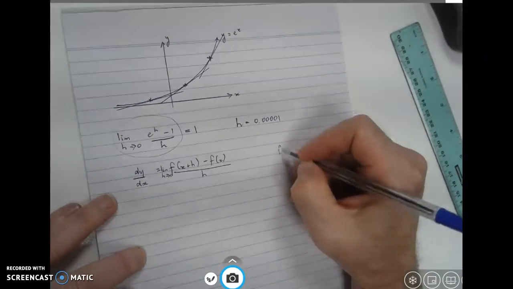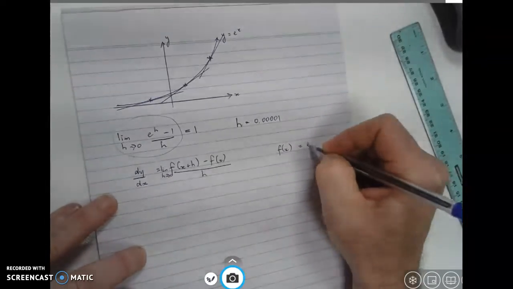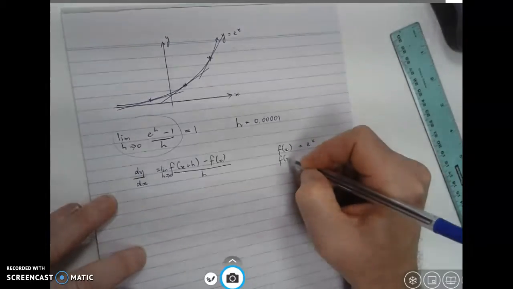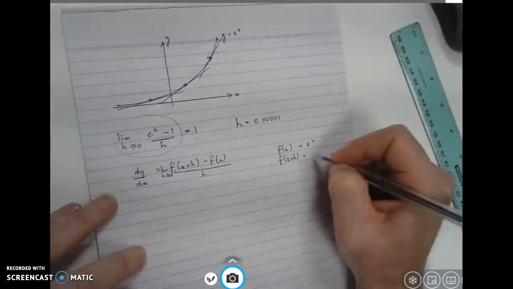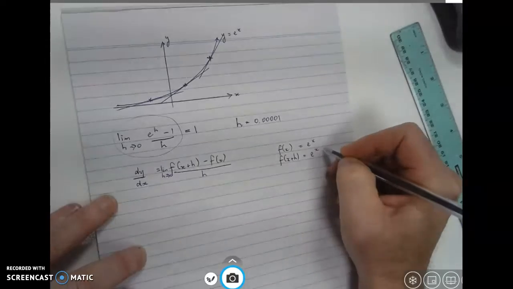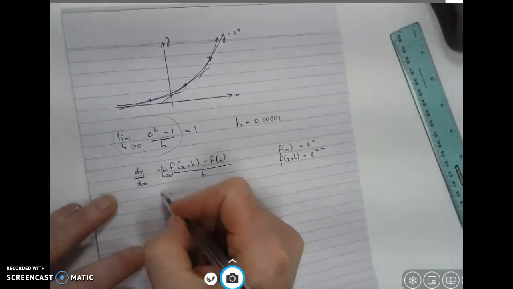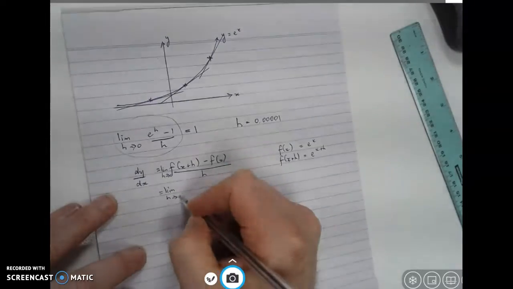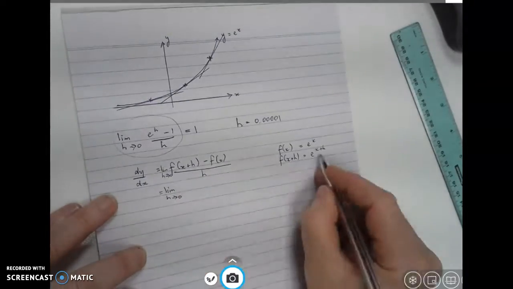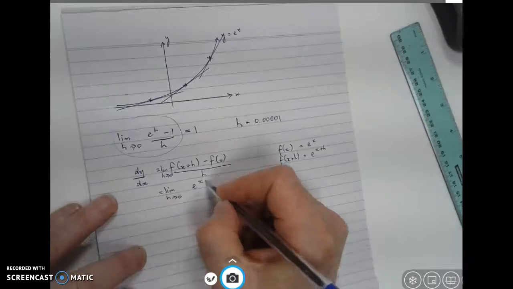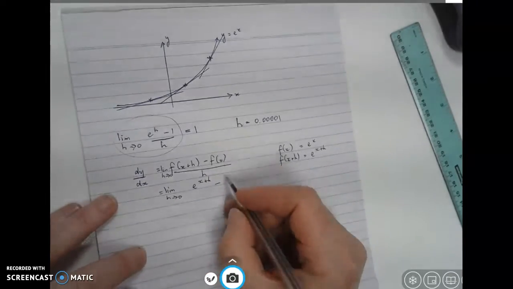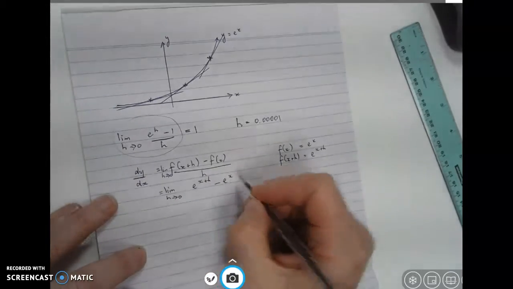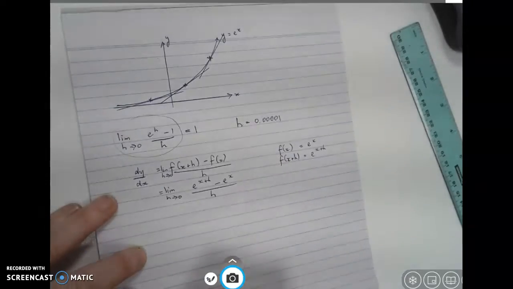Now remember, our function here is e to the x, so f of x plus h will be equal to e to the x plus h. So I'm going to substitute in here. So there's my limit as h approaches 0 of f of x plus h, so that's e to the x plus h, and I'm going to subtract f of x, and that's all over h.